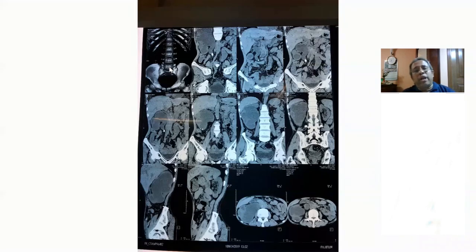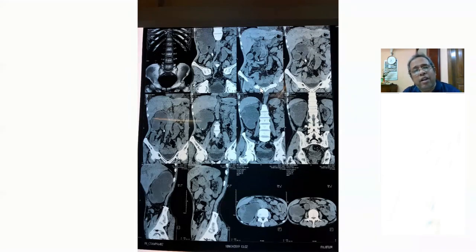Somebody in the exam sometimes asks, how can you say it is a plain CT? So your answer is, there is no contrast enhancement or urinary tract contrast shown in the picture. For that reason, I say it is a plain CT KUB region.